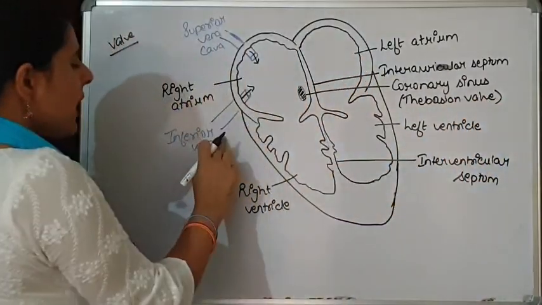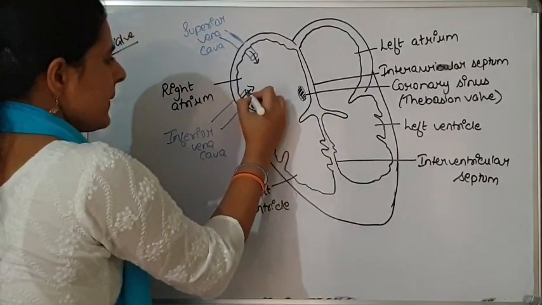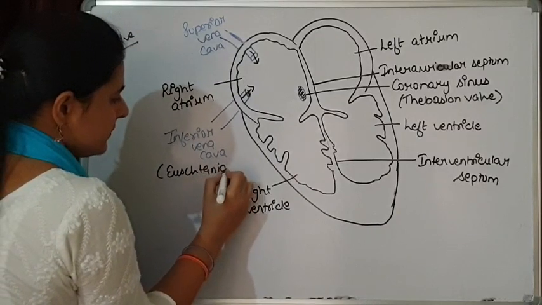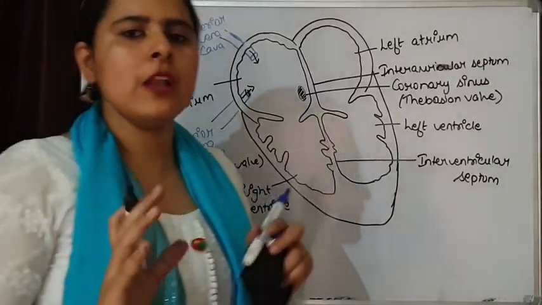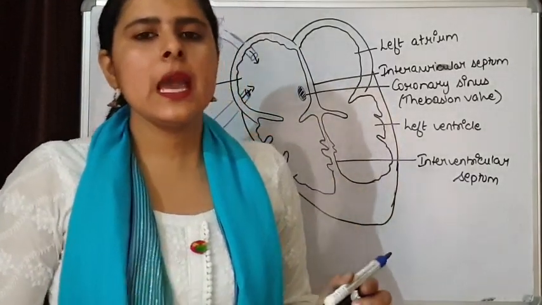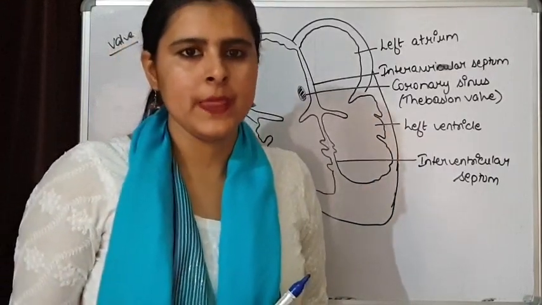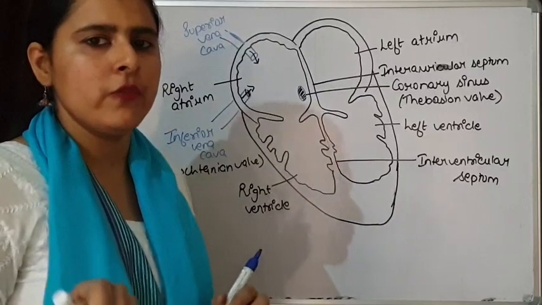In the same way, a valve is present on the inferior vena cava also, and that is the Eustachian valve. The function of a valve will always be to prevent the backflow of blood. So these are preventing the backflow of blood into these veins.